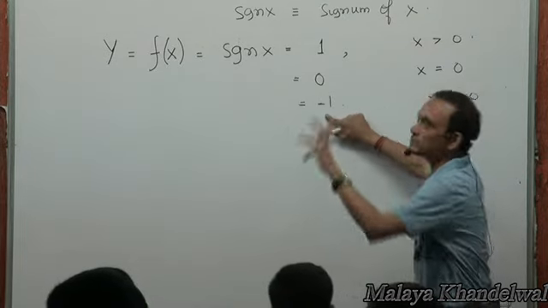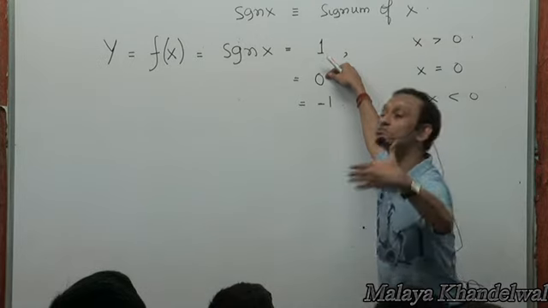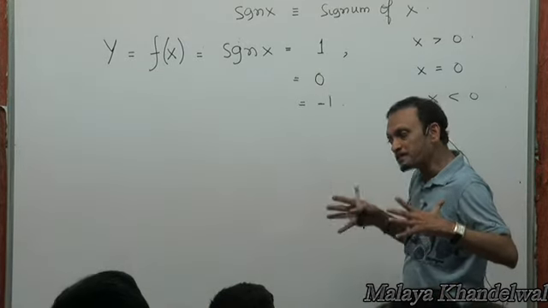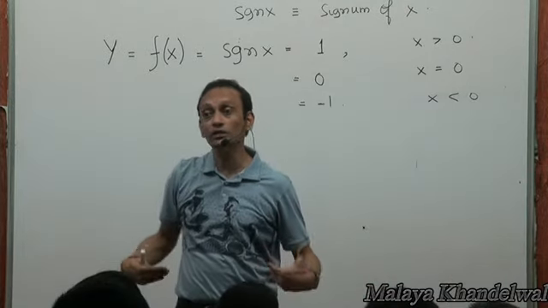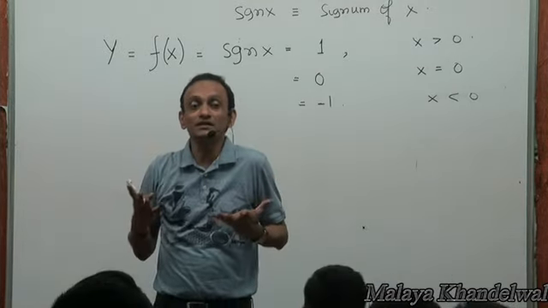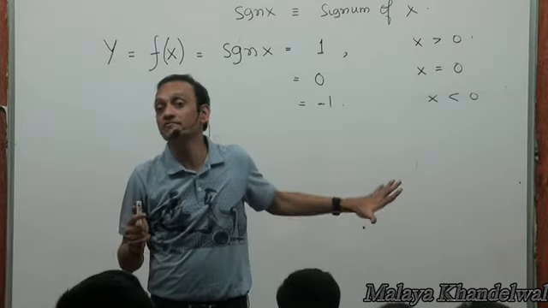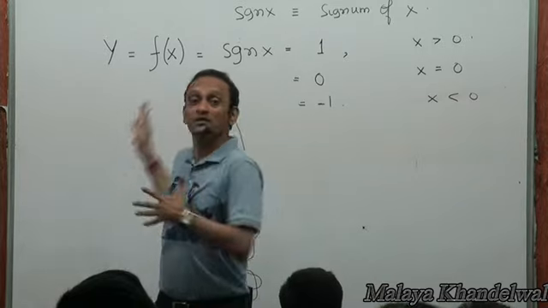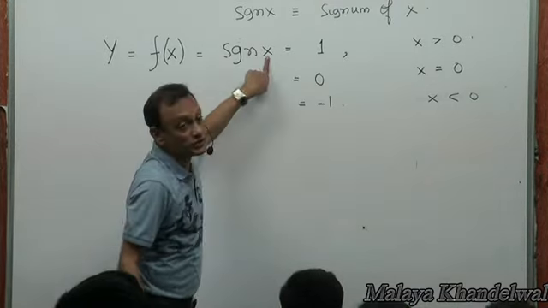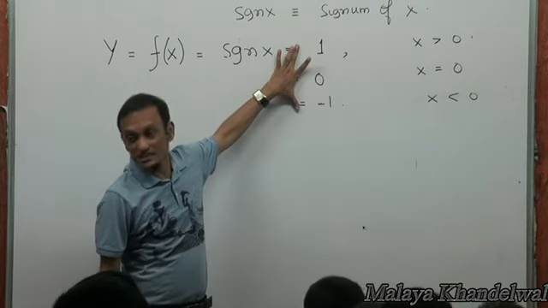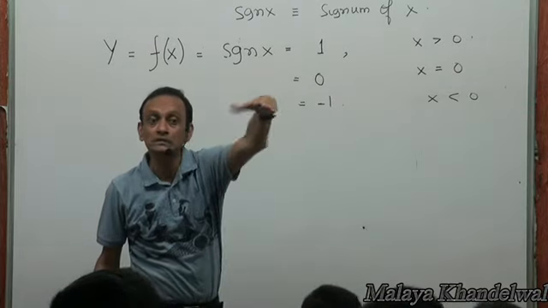In the opposite direction, I will reduce that to minus 1, and when there is no current, it is reduced to 0. So it has practical implications. Sometimes the magnitude of x is not important, and all that matters is the direction in which the current is flowing. Then this signum function, which has 3 discrete states, produces only one of these 3 outputs, based only on the sign of x.